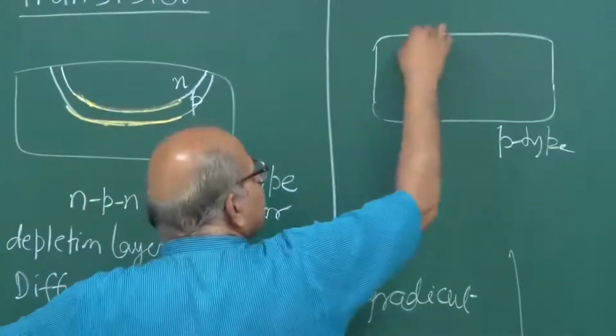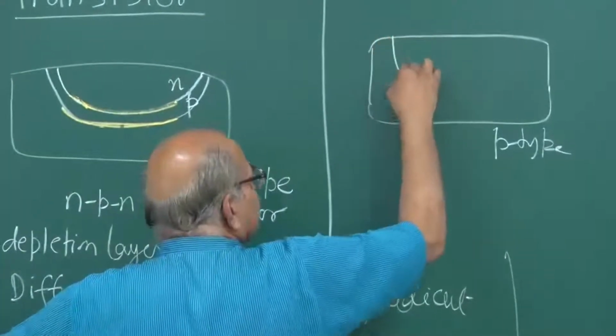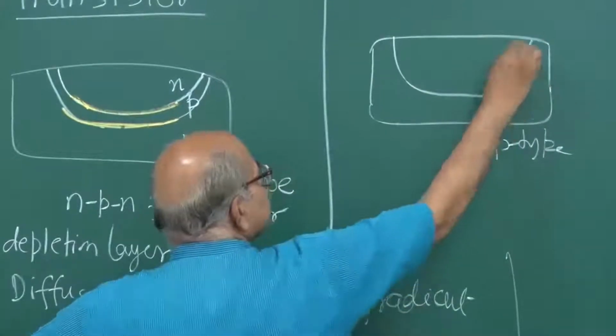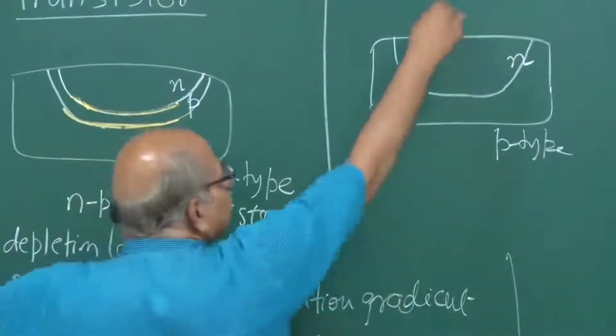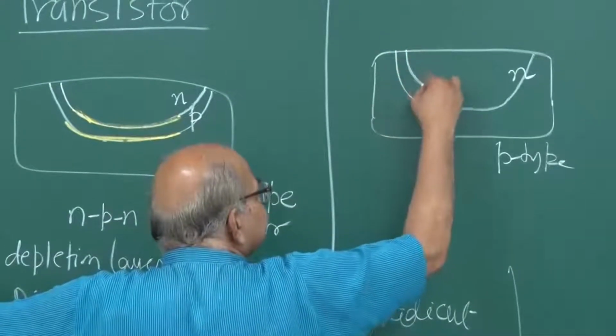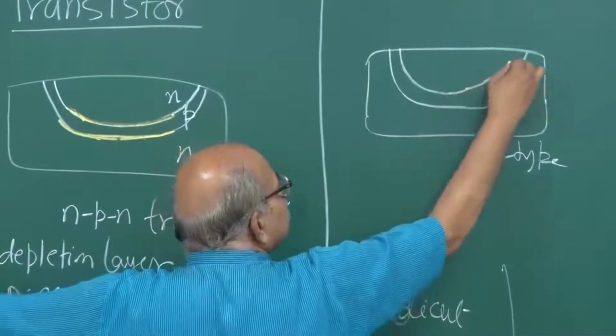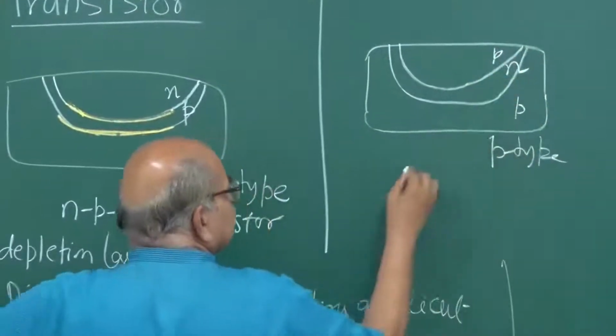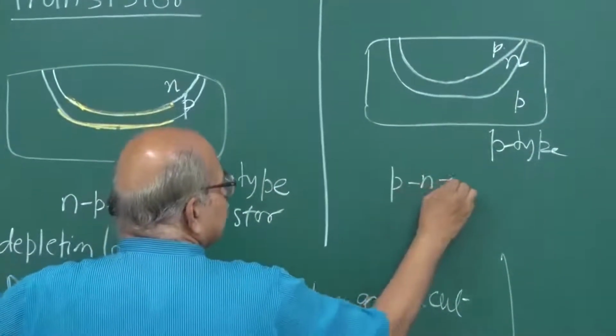Then you diffuse N type from one side, and then you diffuse again P type, with a stronger concentration, so that you get this P type here, and then you get PNP. So this is a PNP transistor.